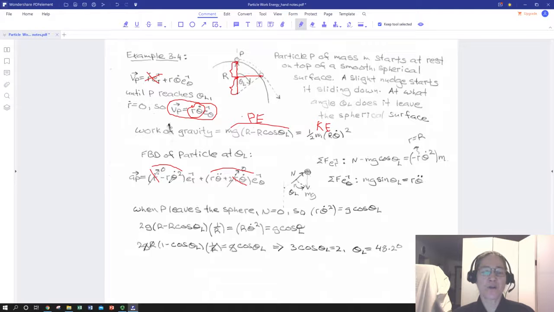Okay, so we're going to equate this to the sum of the forces in the radial direction, and we're going to equate this to the sum of the forces in the theta or tangential direction. So let's do that force balance, and let's get an FBD to help us. So here's an FBD of our particle, our little ball. We've got the normal force acting upwards.